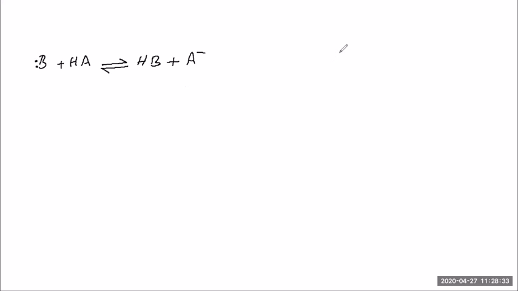You have to keep in mind, according to the Brønsted-Lowry definition, the chemical or the species that can donate, give, an H plus, a proton, that one will be considered acid.